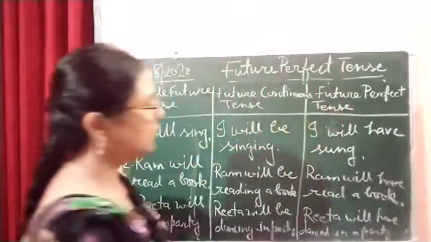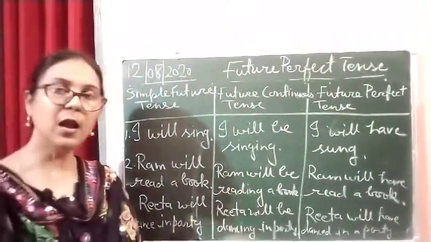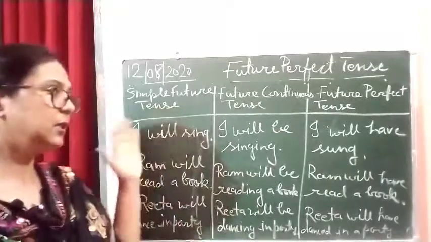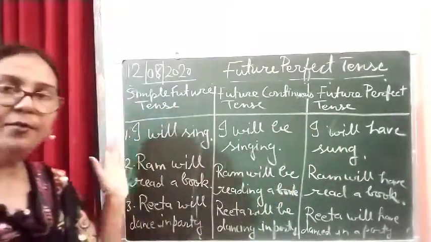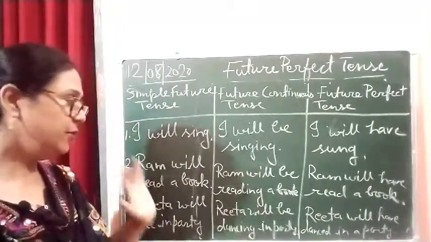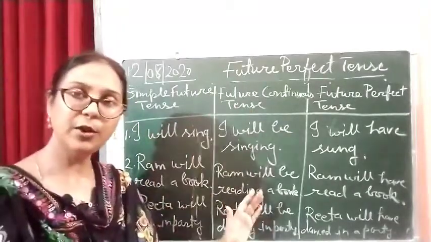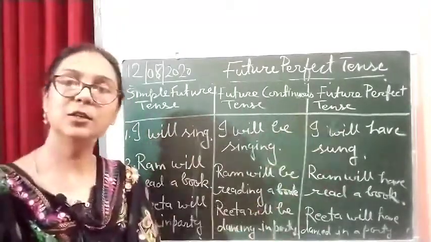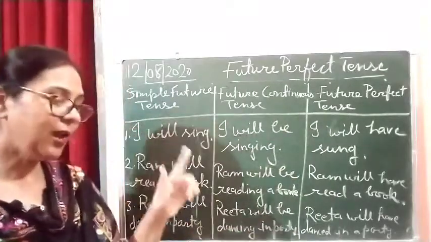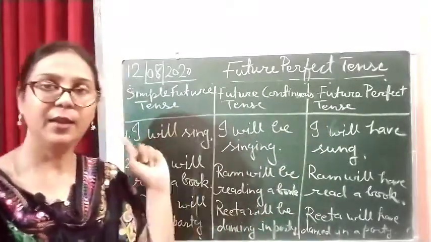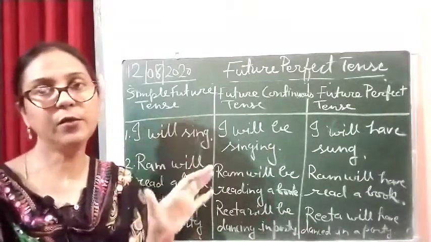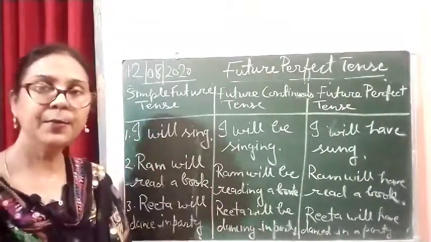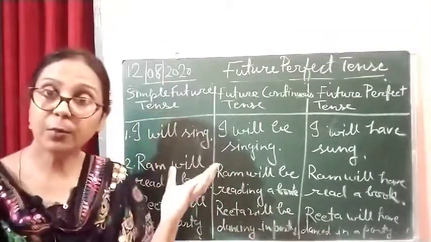So this way we have learned how to make one sentence in the three different forms of future tense. First of all, we have already done simple future tense, then future continuous tense, and then future perfect tense. We have to keep in mind, whenever we are writing simple future tense, we have to put will over there and the first form of the verb, which you can say is the root form of the verb.